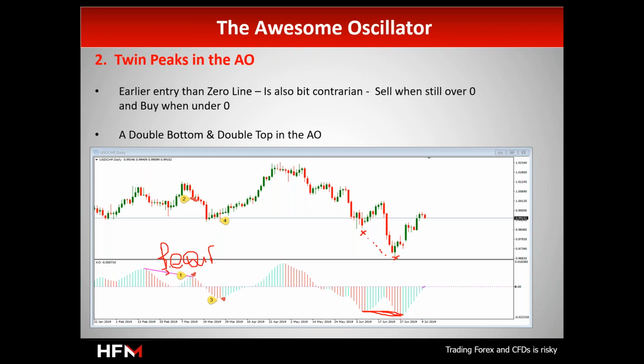So if the second peak is lower than the first peak and the Awesome Oscillator is above the zero line, that suggests bearish momentum. Why? Because it shows that the bulls are actually losing control of the market. Okay, so that's a bearish indication.